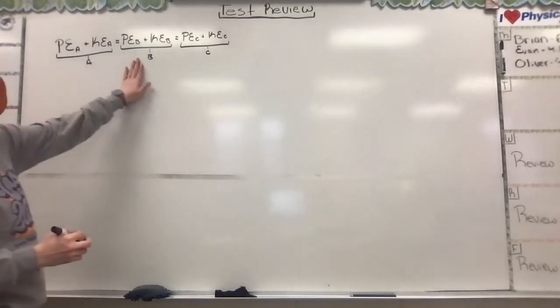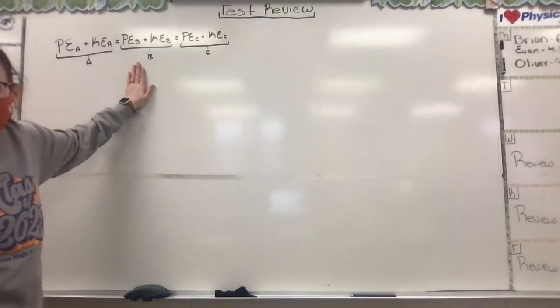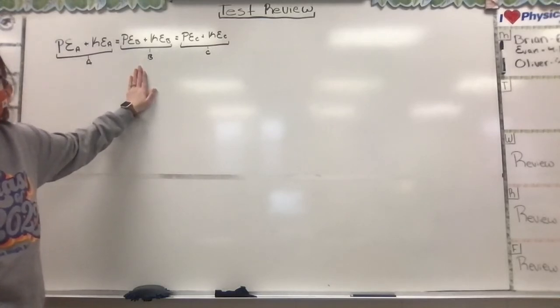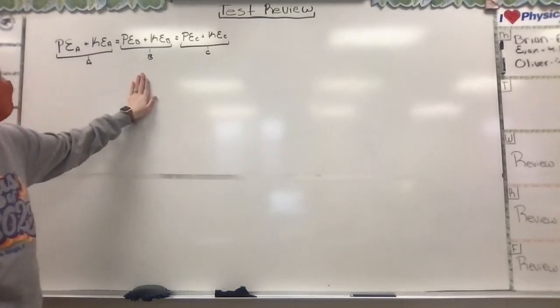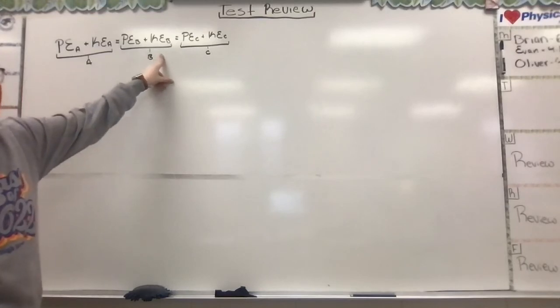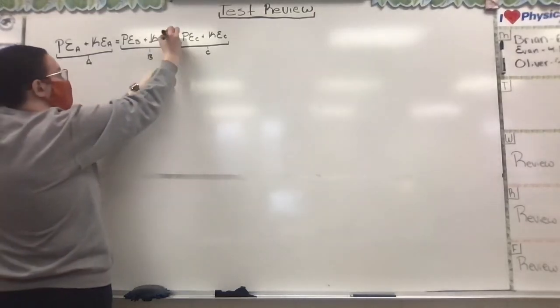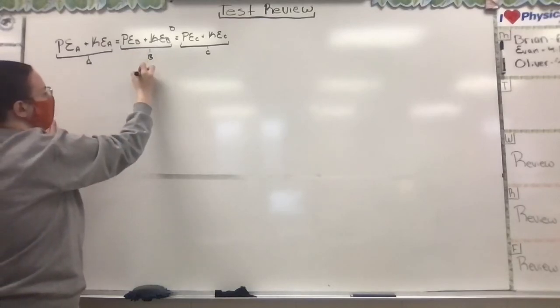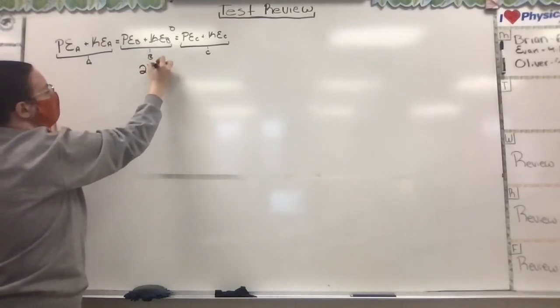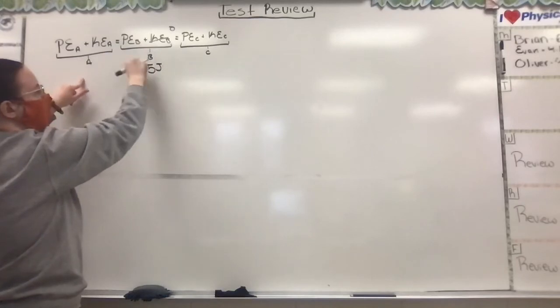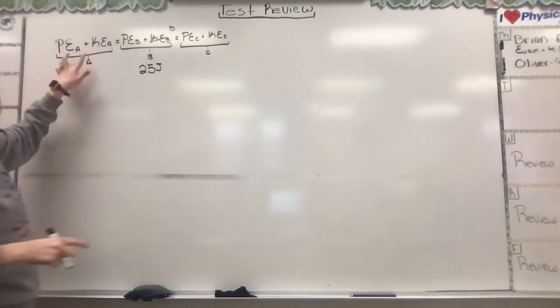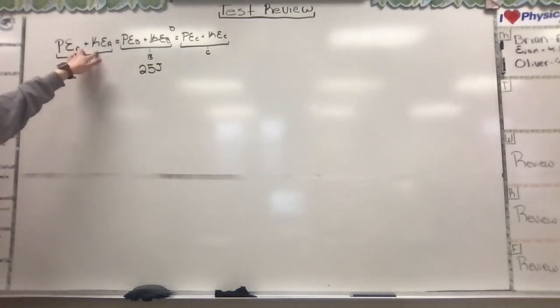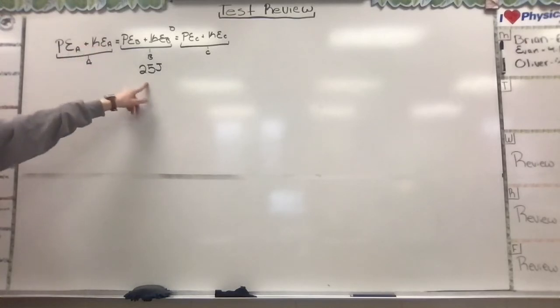So at point B, it says you're momentarily at rest. When you're momentarily at rest, what is your kinetic energy? 0. And what does it say your potential energy is there? 25. That means that no matter where you are at A, B, or C, when you sum the potential and kinetic energy, it has to equal 25.